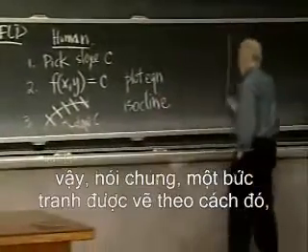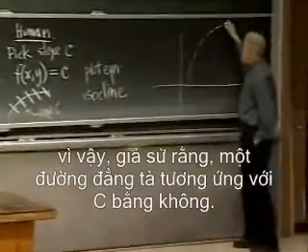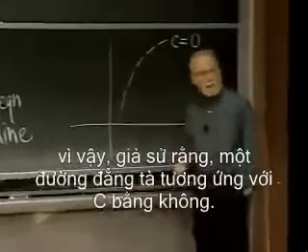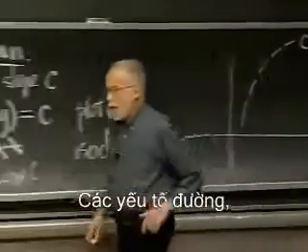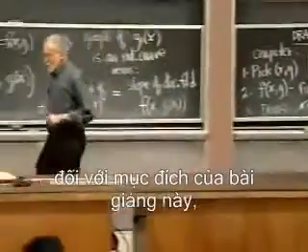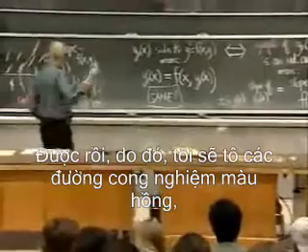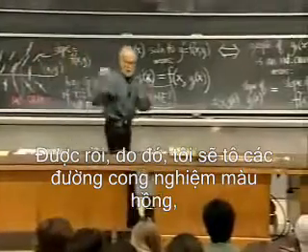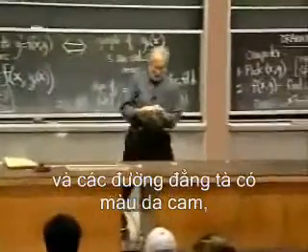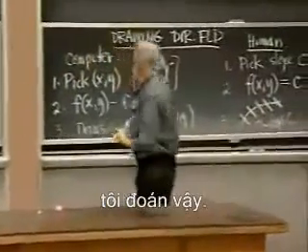So in general, in a picture drawn that way, let's say you have an isocline corresponding to c equals 0, and the line elements along it. I'm going to put solution curves in pink, or whatever this color is, and isoclines in orange, I guess.